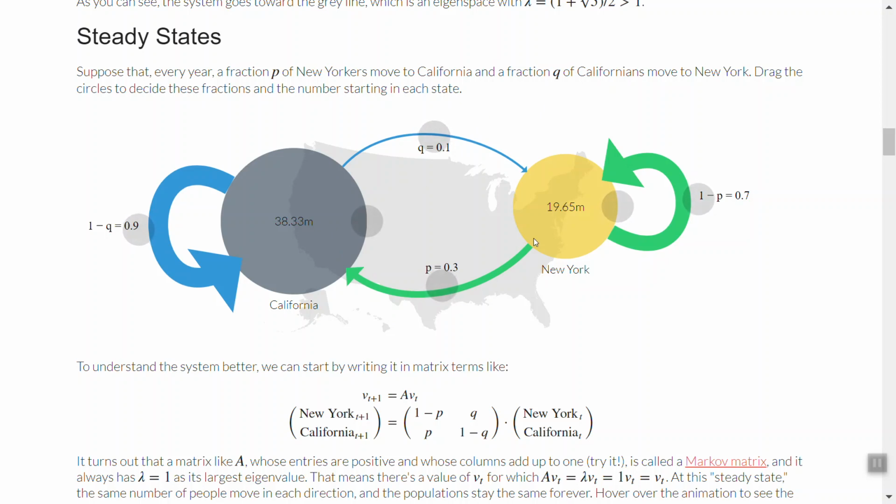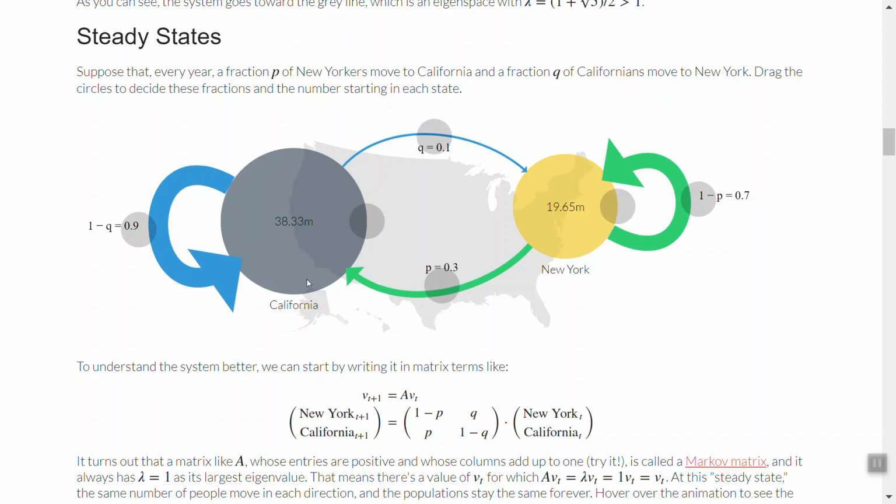We'll start off with the population of California being 38.33 million and New York being 19.65 million. If you're in California, there's a 10% probability of going to New York, and if you're in New York, there's a 30% probability you'll come to California, okay?